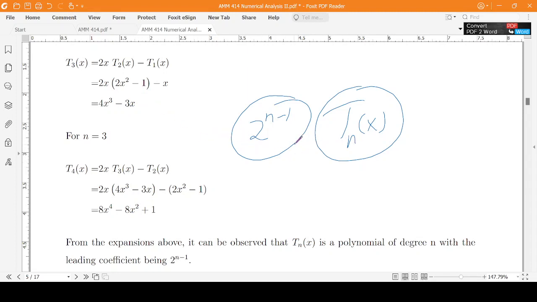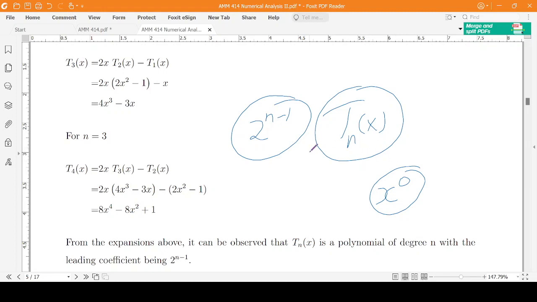When n is even, the series contains only the even powers of x. Like T4 is equal to 8x power 4, you see x power 4, x power 2. The constant is just the same as writing x raised to power 0, and we know 0 is an even number.